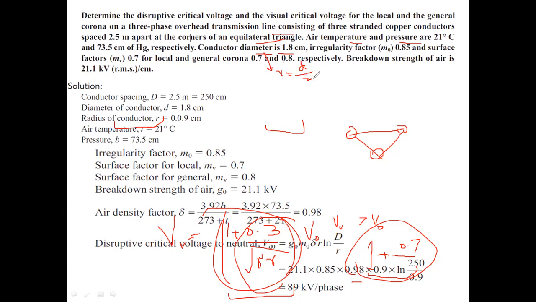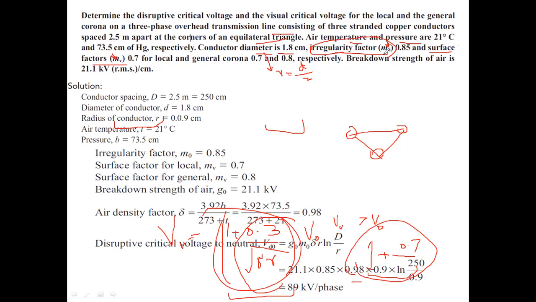Irregularity factor is 0.85. Surface factor mv. This is for the audible corona, that is why it is represented by m naught, and for the visual corona it is represented by the MV. So in order to find the visual corona, we have to put MV.